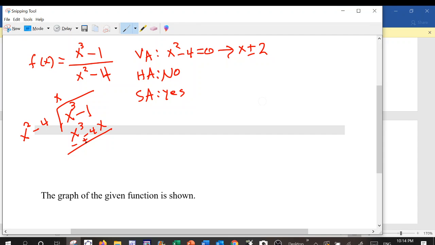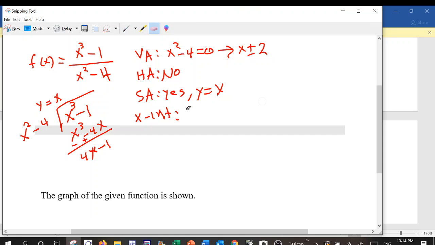Change the sign and add, so we get 4x minus 1, right? And we stop because 4x minus 1 can't be divided anymore. So y equals x is the slant asymptote.